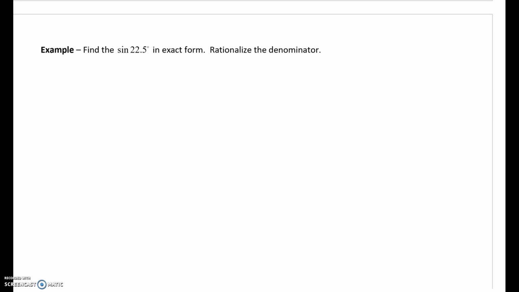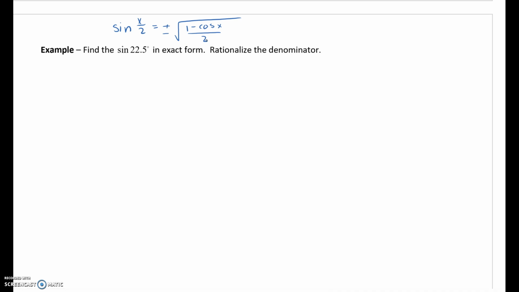Find the sine of 22.5 in exact form. We want to use the formula, so the sine of x over 2 equals plus or minus the square root of 1 minus cosine of x over 2. So we need to keep that in mind when we're doing this.